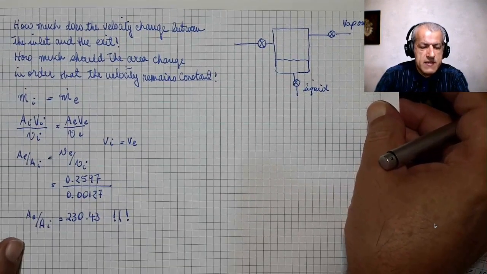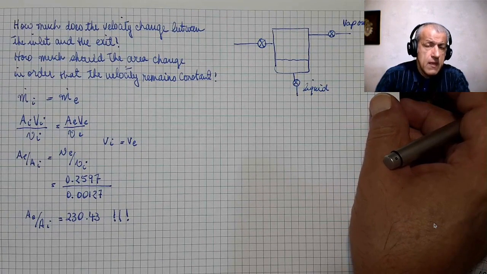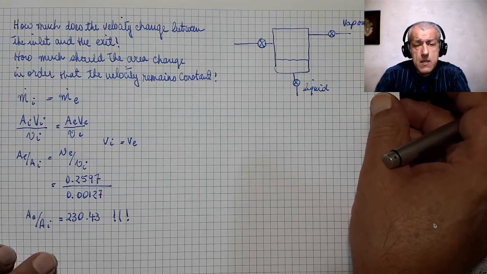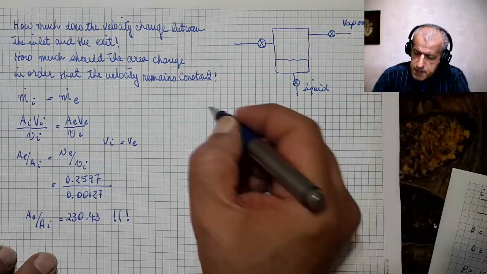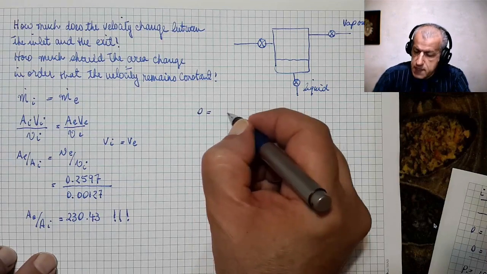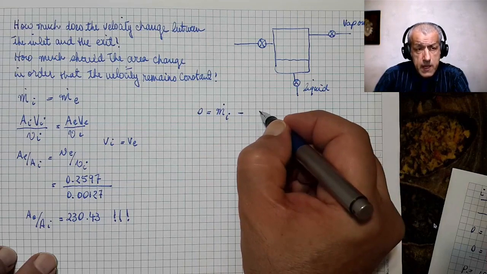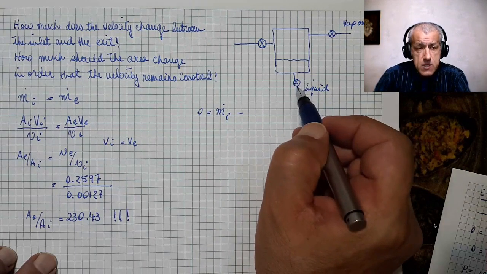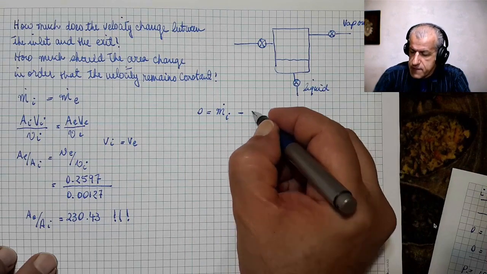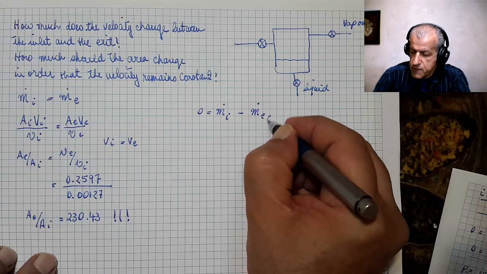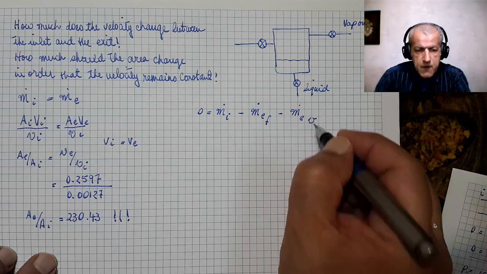So we have two different lines. What we could do is to write the mass conservation law in a more detailed way. We write 0 equals the inlet mass m dot I minus, there are two exit masses, one is the liquid and one is the vapor, so minus m dot E for liquid and minus m dot E for vapor.